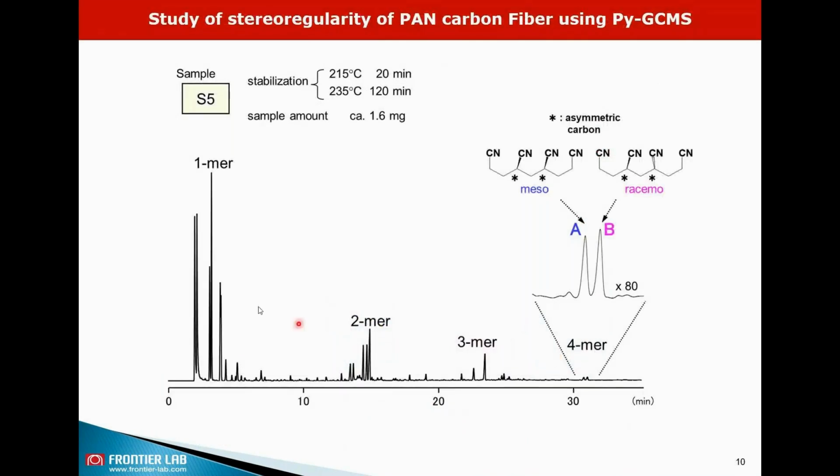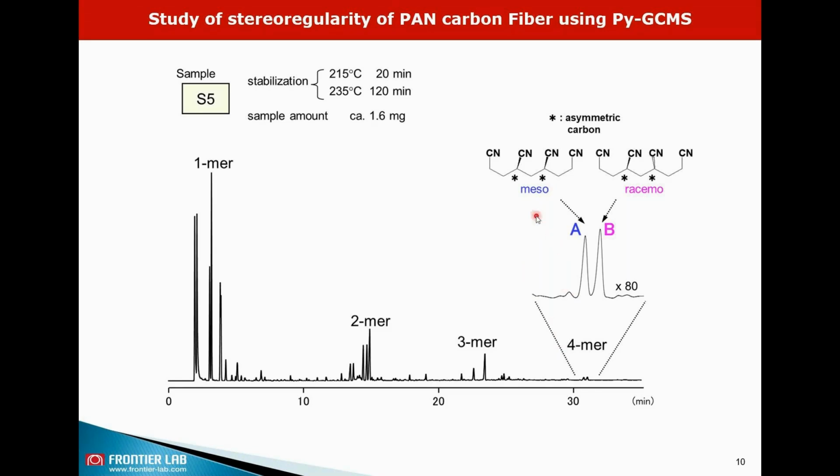Okay, this is one of the samples, sample number 5. As I said, the monomer, dimer, and trimer interpret the data of the remaining polyacrylonitrile polymer, but the tetramer is what we are interested in to see the stereo irregularity.